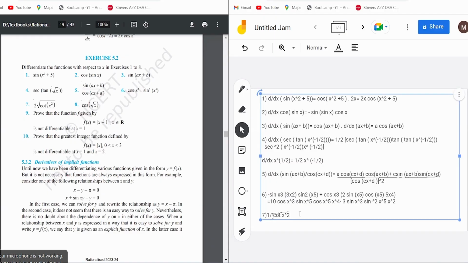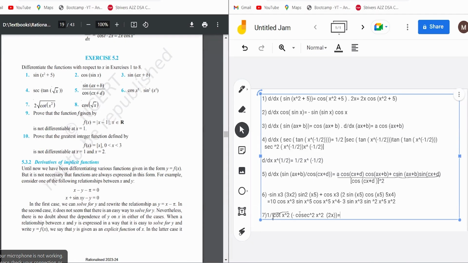Differentiation of cot x is minus cosec square x, and x is here x square, so write it in the same way. Now the differentiation of x square is nothing but 2x. Closing this, this is our final answer.